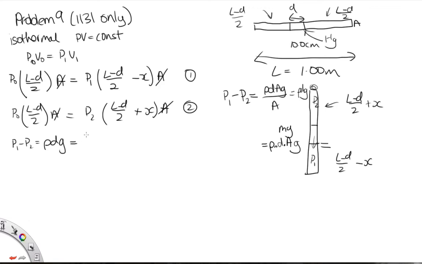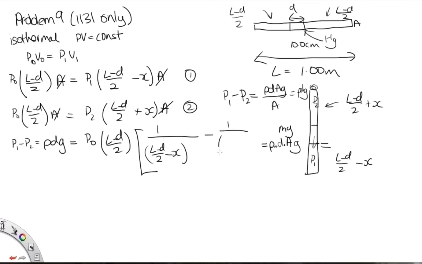So this is P0 (L - D)/2 times 1 over ((L - D)/2 - X), minus P2, where we have 1 over ((L - D)/2 + X), and we've got to solve this.